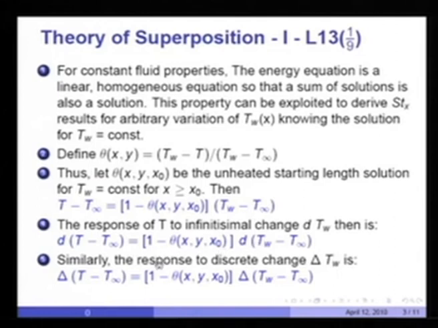However, for a finite change or a discrete change, the response will be delta of T minus T infinity equal to 1 minus theta(x, y, x naught) delta of Tw minus T infinity. These are response functions to a small change, either discrete or continuous.